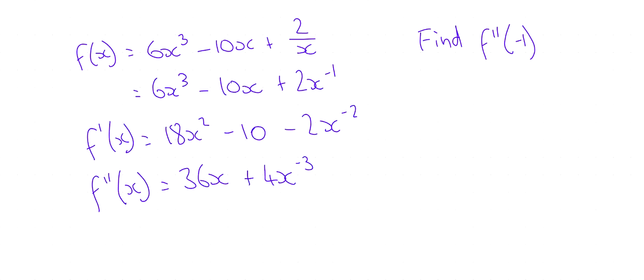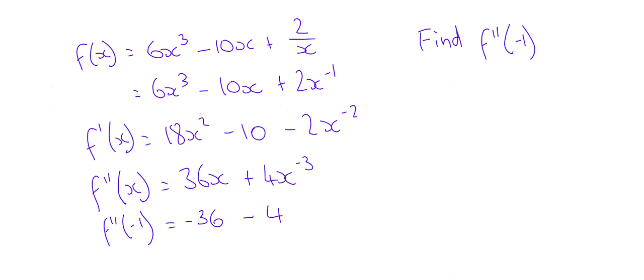Now I have to find where this function is at x equals -1. So this is -36, and what's this bit? -4, because this is going to be -1 cubed.